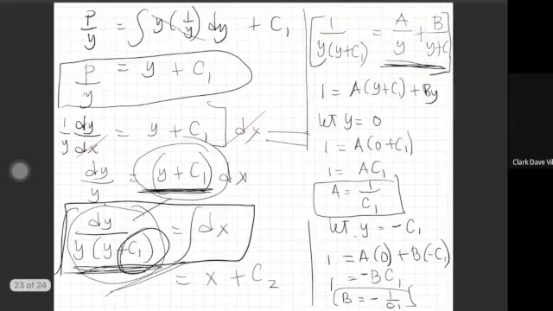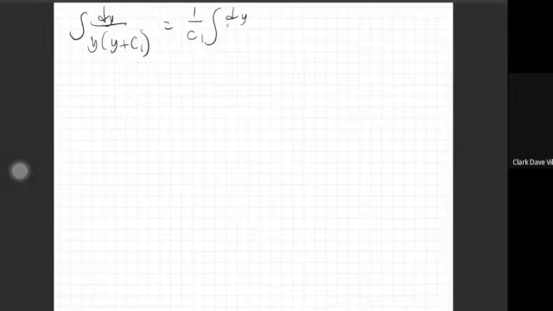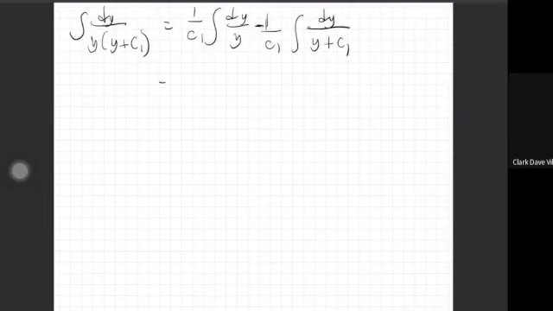1 over c sub 1 times the integral of dy over y, minus 1 over c sub 1 times the integral of dy over y plus c sub 1. So we have 1 over c sub 1 ln of y minus 1 over c sub 1 times the integral. Let w be equal to y plus c sub 1.